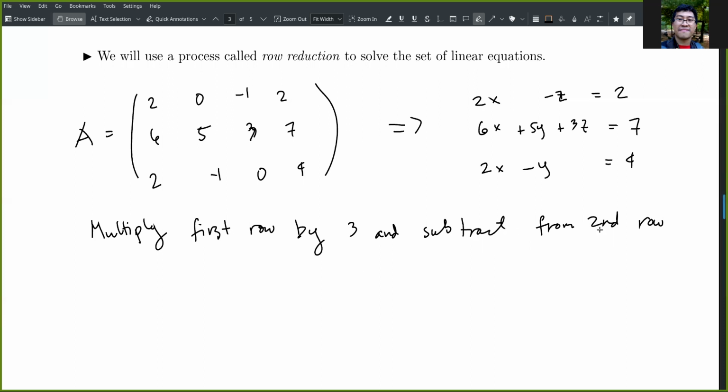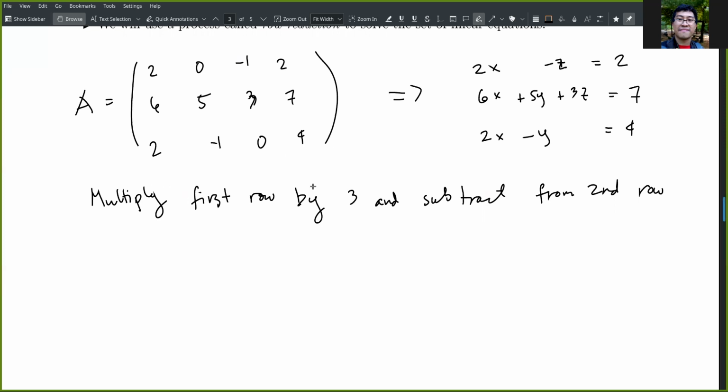So the two rows involved, we can replace them with the resulting row. So here, let's say this is not going to be A, this is the reduced version of A. We want to remove the second row, or we replace it with the result of this operation.